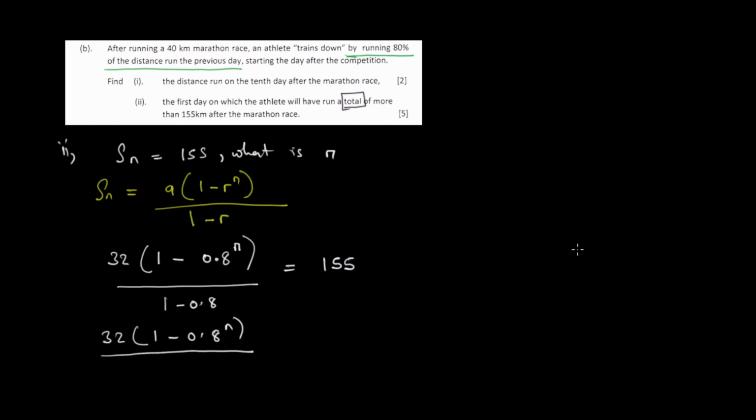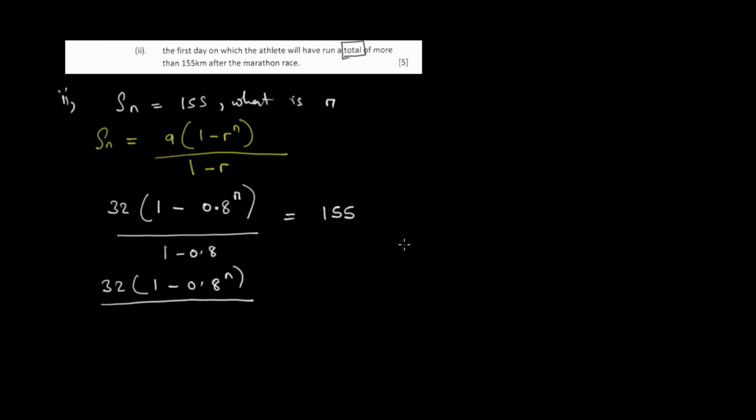Total tapiwa toda kutsvaga kuti number of days, which is n, anenge ari mangani, kuti kana tikaedda everything in the sequence tinowana a total of 155. Okay, so let us solve panapa. 1 minus 0.8 into 0.2, which is equal to 155, like this.